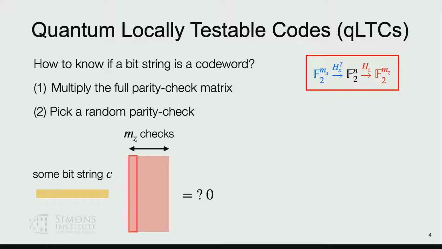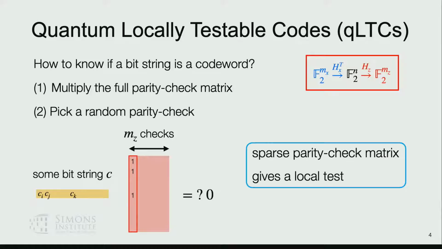And this test is particularly nice because when your parity check matrix is sparse, this actually gives you a local test. What I mean is that when the matrix is sparse, this check only contains constantly many 1s. And so to test that parity check, all you need to know is like Ci, Cj, Ck, just 3 bits from the string. So that's why it's called a local test.